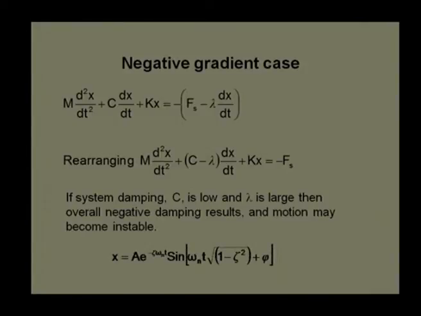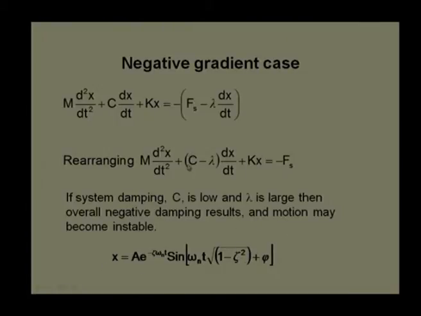So, if I revisit the expression, what we get is x equal to some constant times e to the power of zeta omega n t, where omega n is the natural frequency. We are trying to find out the effect on the magnitude with time, and this is a periodic term, a sine term with some phase angle. Zeta here we are assuming lesser than 1 in the overall expression.